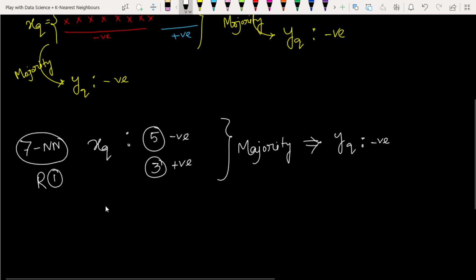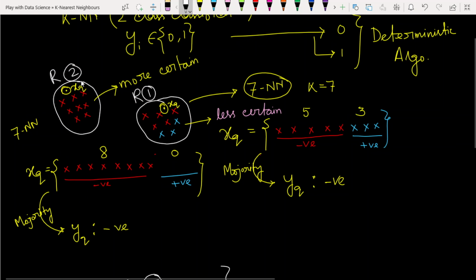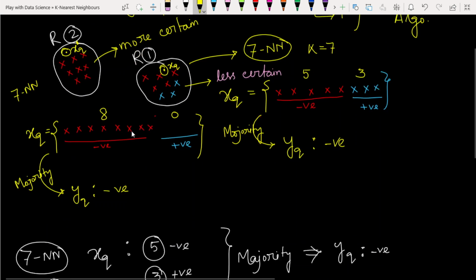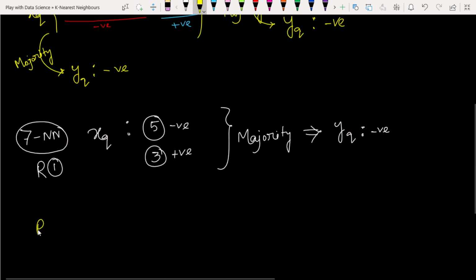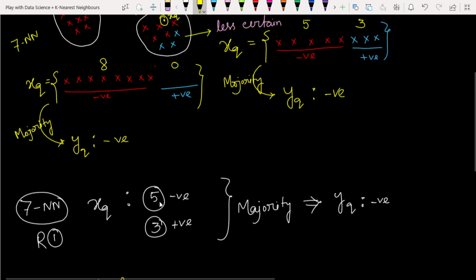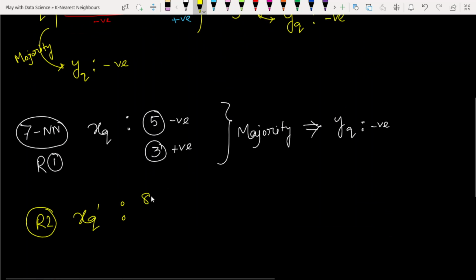Here, if you rename this, take this point as xq dash. I think then it will be better to identify. So in the R2 region, if we consider xq dash, then out of 8 points, 8 are negative and 0 are positive.